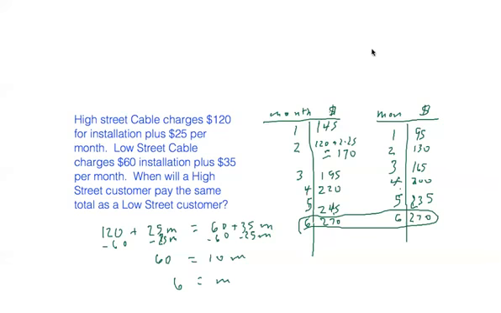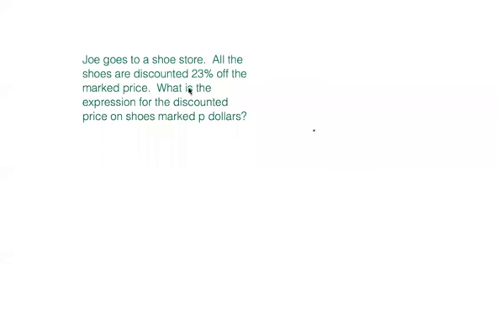Let's do one more. Joe goes to a shoe store. All shoes are discounted 23% off the marked price. What is the expression for the discounted price on shoes marked P dollars?